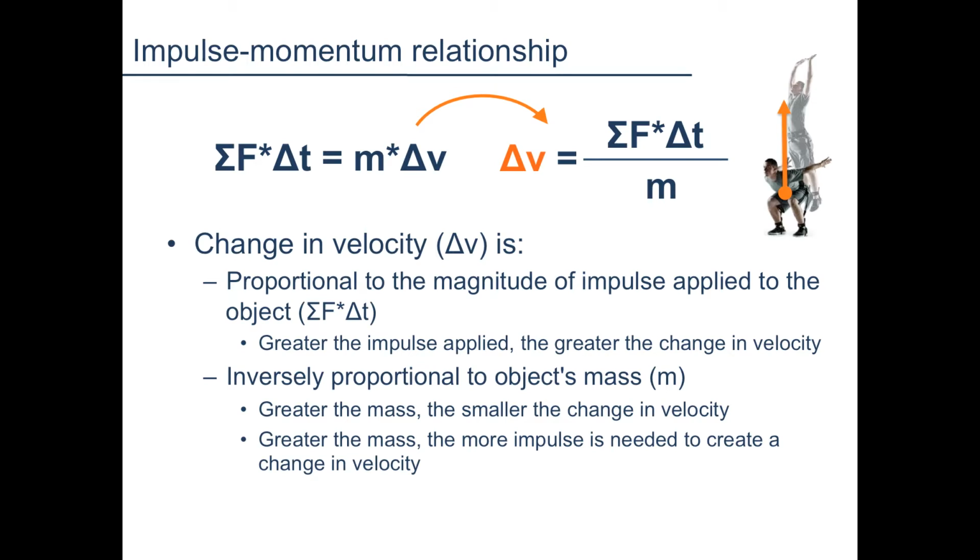This means that the greater the net force applied and the longer that force is applied, the more you can speed up or slow down the object. The equation also shows that the change in velocity is inversely proportional to the object's mass. This means that the greater the mass of the object, the smaller the change in velocity that results. In other words, to speed up or slow down an object with greater mass will require more impulse.